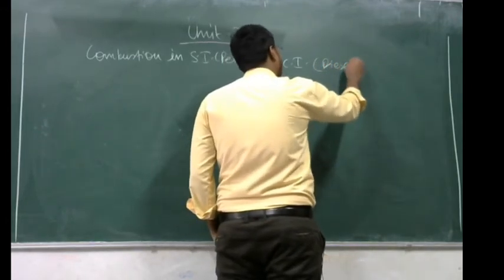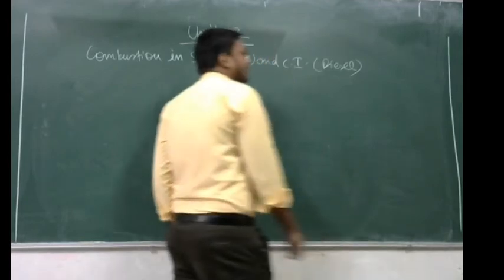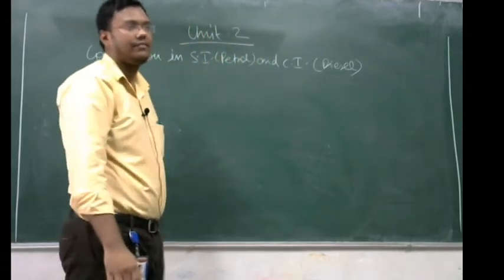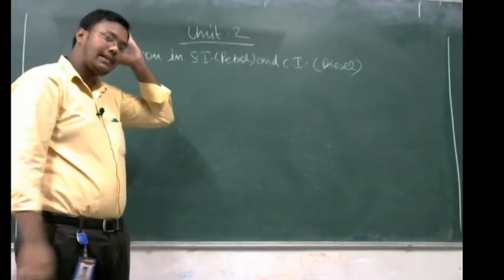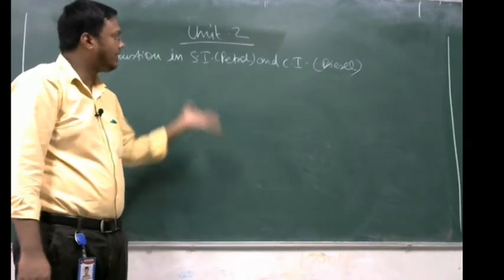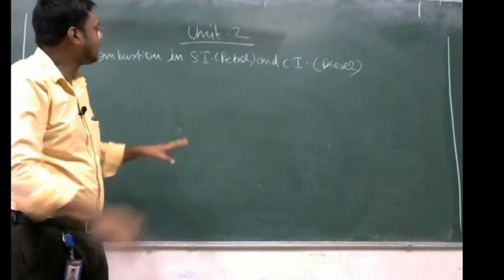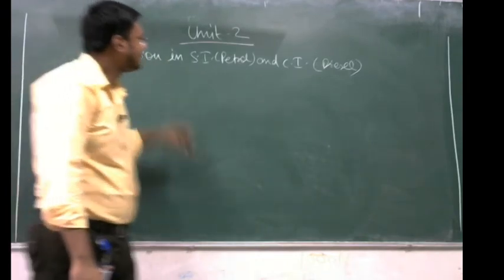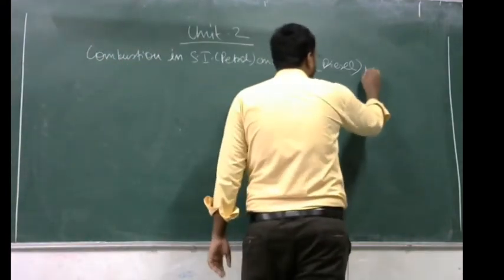In this unit we will discuss the basic combustion phenomena in detail in SI engine as well as in CI engine. How combustion takes place, how we get the energy. All these things we will discuss in this unit.